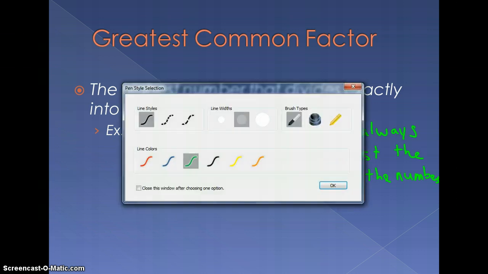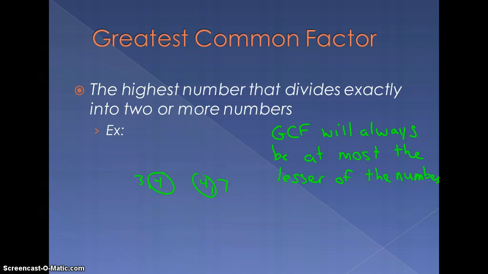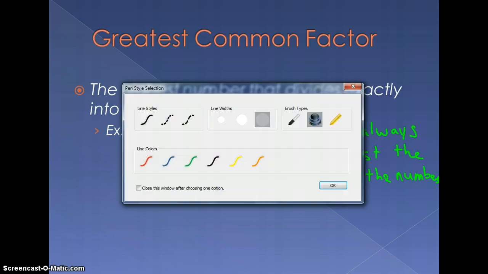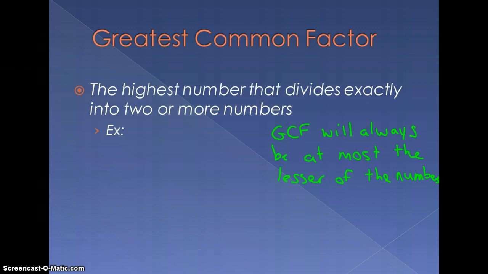If we take a look at one more example here, let me erase this one to illustrate that point we just talked about. Let's go with the GCF of, let's say, 15 and 45, for example. So if we look at this, the factors of 15, we have 1 and 15, 3 and 5. So the greatest factor of any number is that number itself.